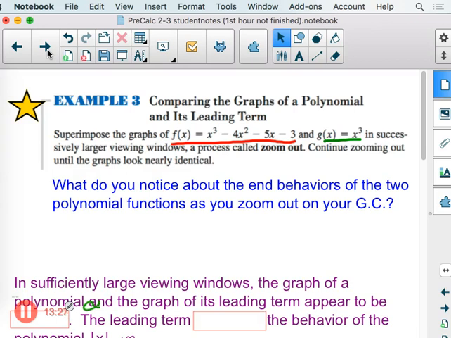So grab your graphing calculator. And with that first monster up there, we know what to expect of the end behavior. But this negative 4x squared minus 5x minus 3 gives it what I call lumpy bumpies. There'll be some turning points in that one, not in x cubed, but in that first one. So go ahead and put those in.